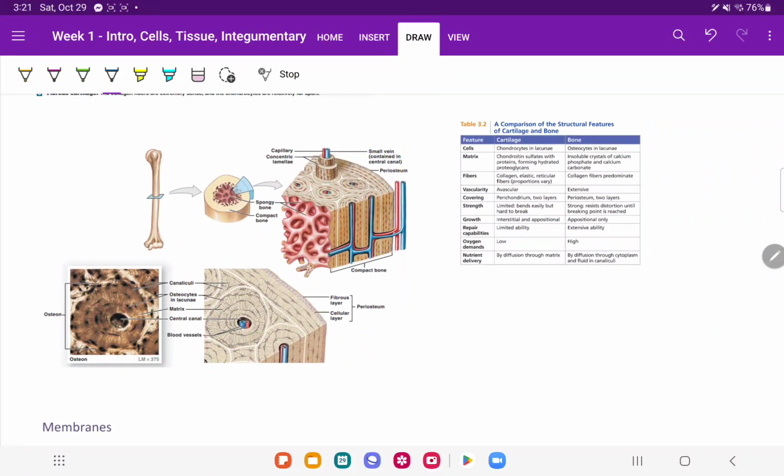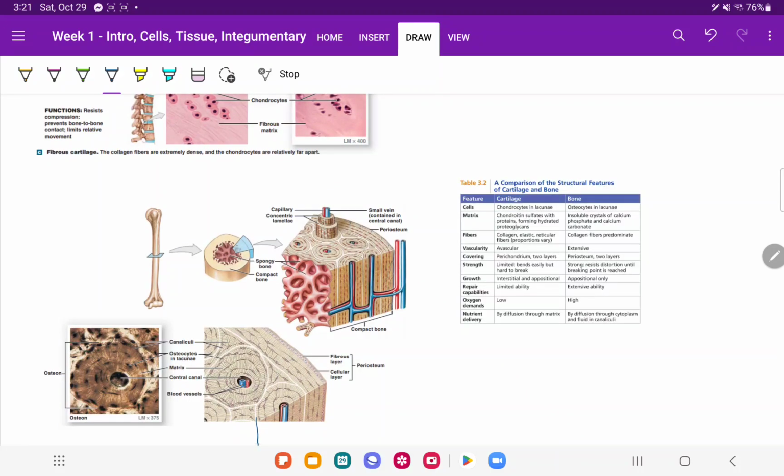We have bone. Bone is another supporting connective tissue, right? Bone is the second type of supporting connective tissue after cartilage. So there are going to be significant differences between bone and cartilage. Bone, I want you to be aware, is called osseous tissue.